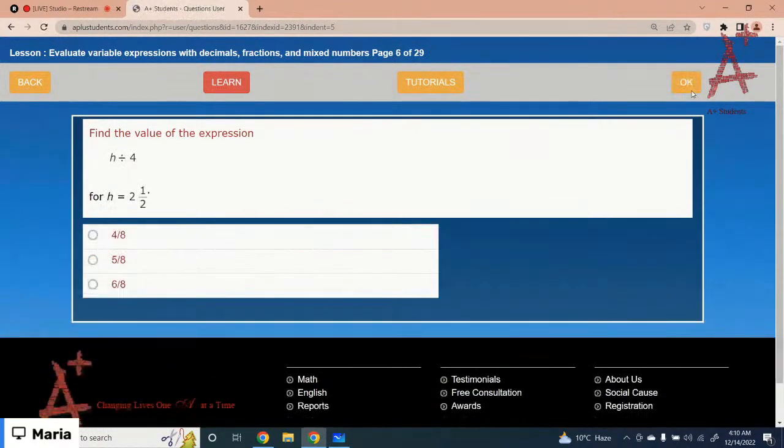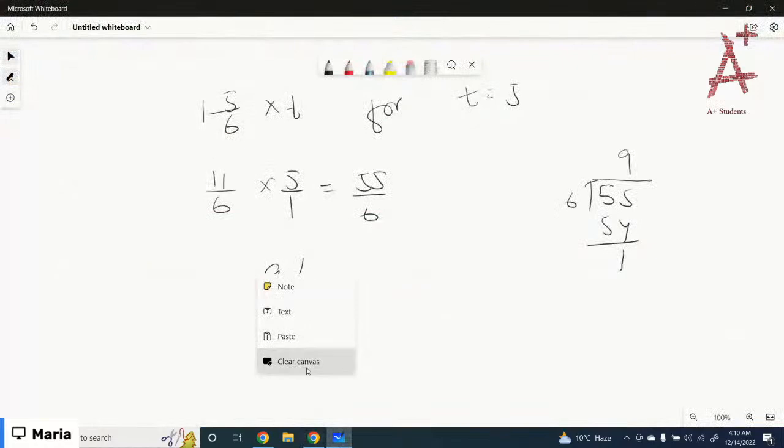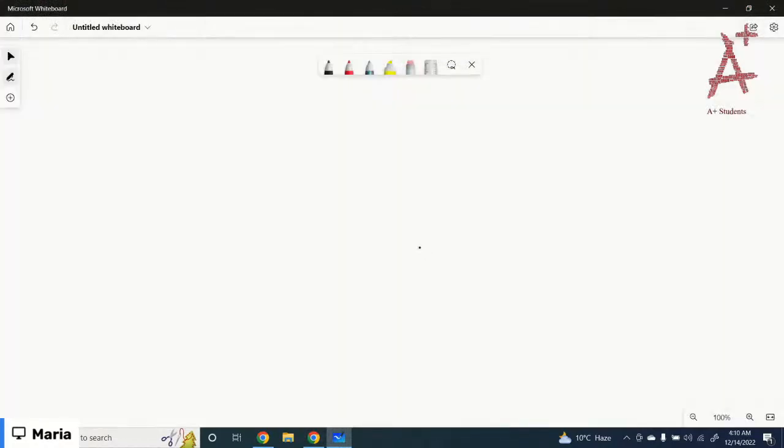Okay, the next one is h divided by 4, and h equals 2 whole 1 over 2. So just replace the h with the value: 2 whole 1 over 2 divided by 4.